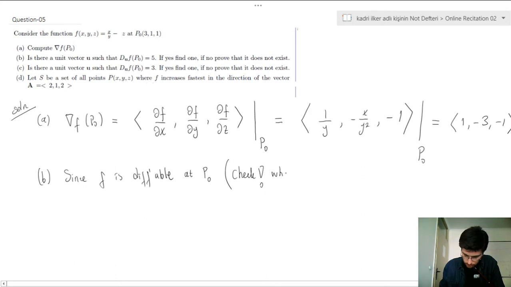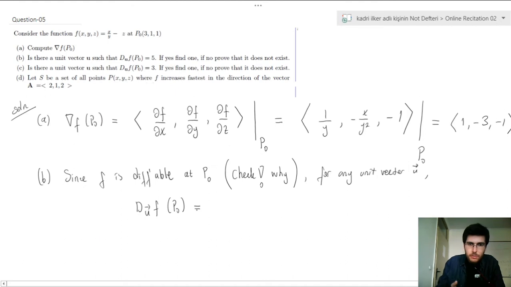Then for any unit vector u, the directional derivative at p0 basically gives you the rate of change in that direction, manifested by the vector u.